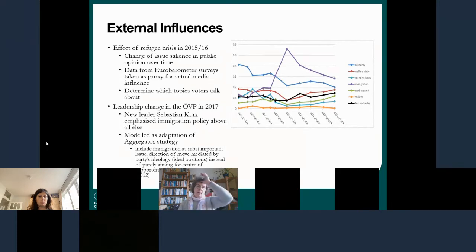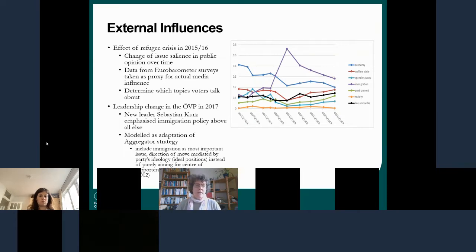We also model some external influences on this system, on the public opinion. The most important influence on change of issue salience in the public opinion is the refugee crisis. The peak happened mid-2015.